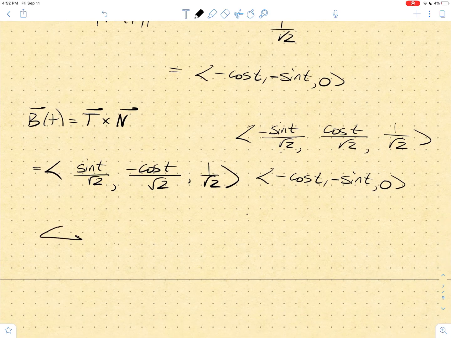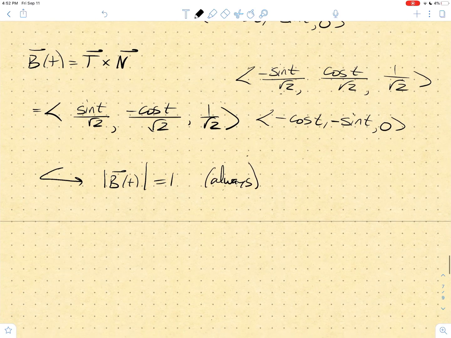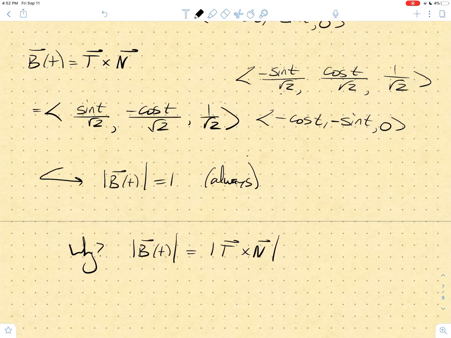And you can actually check that the length of B of t will always be 1. Why is that? Well, let me show you quickly. The length of the binormal vector is the length of T cross N, which is the length of T times the length of N times sine theta, where theta is the angle between them.